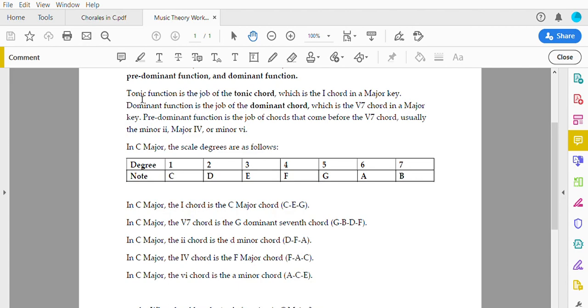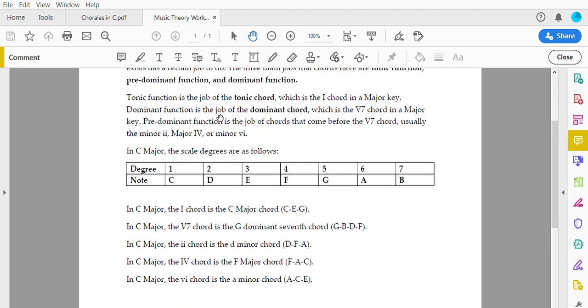The dominant function belongs to the dominant chord, which is the five or seven chord in a major key. So in C major, our fifth step, our dominant note in the scale, is G. That dominant note has the dominant chord, which in C major is going to be the G7 chord. And the predominant function doesn't have just one chord that it's associated with.